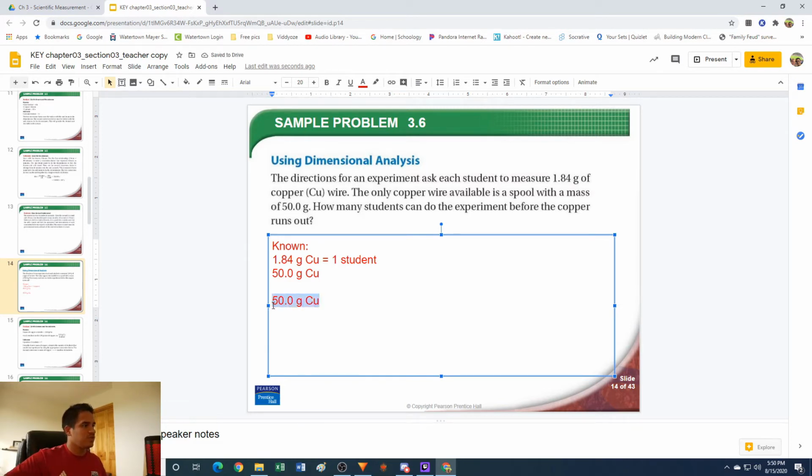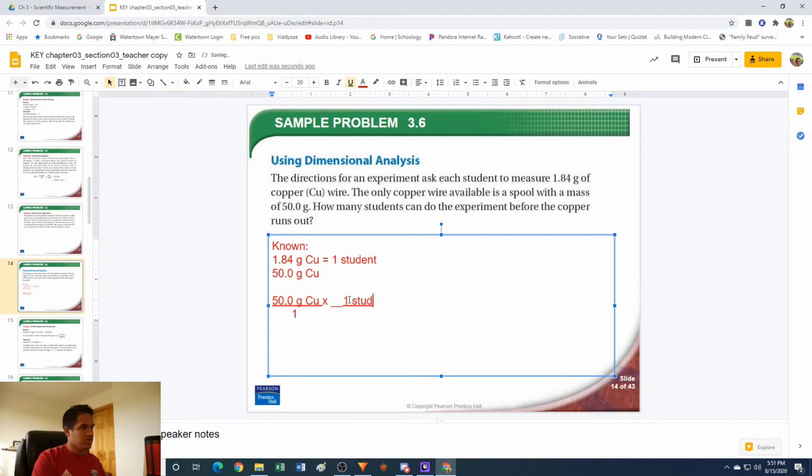And if you want to, let's just imagine that this is a fraction. So let's imagine it's 50.0 grams of copper over 1, okay? And we're going to multiply this by our conversion factor, which is going to be 1.84 grams of copper per 1 student. And all we're going to do is make sure that we put the grams of copper on the bottom of our fraction, so it cancels out with the grams of copper on the top of our fraction to begin with.